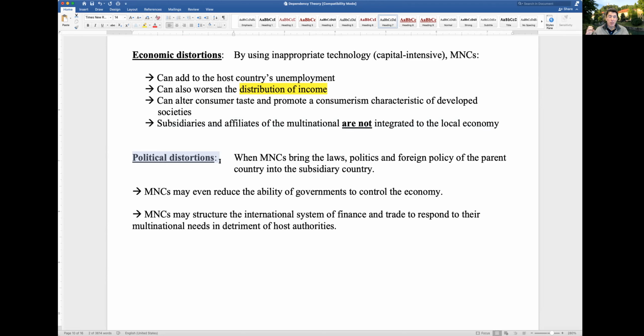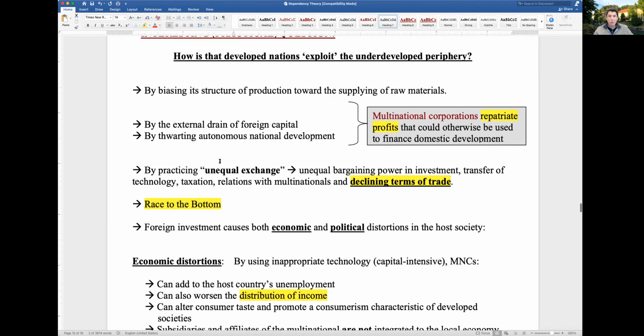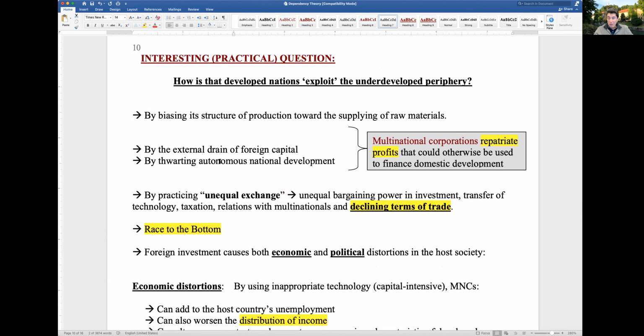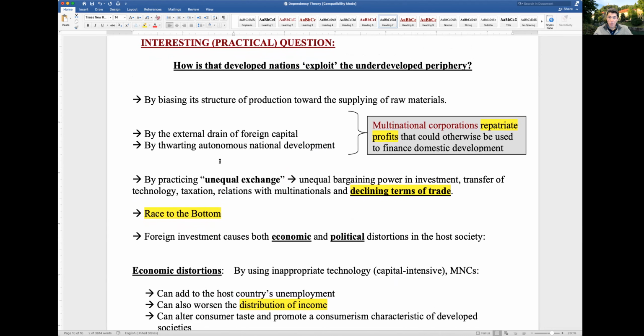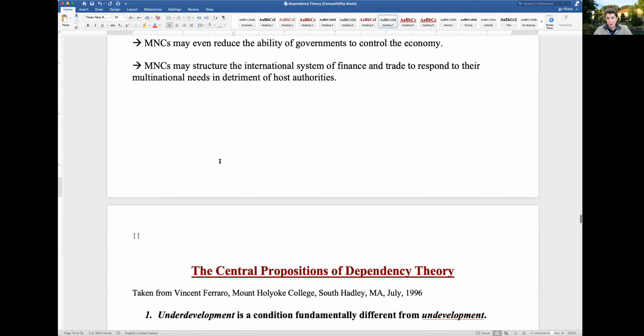And of course, if they see a particular policy or regulation that is going to be against the interests of Volkswagen, well, they have an army of ways and people to make sure that doesn't happen, right? Anyway, so these are a few of the ways they explain how rich nations exploit poor nations in this dependency theory argument.